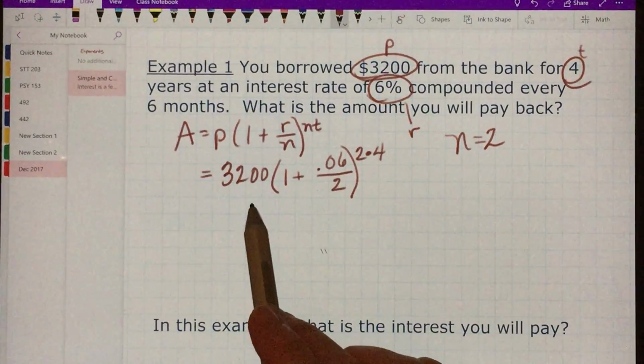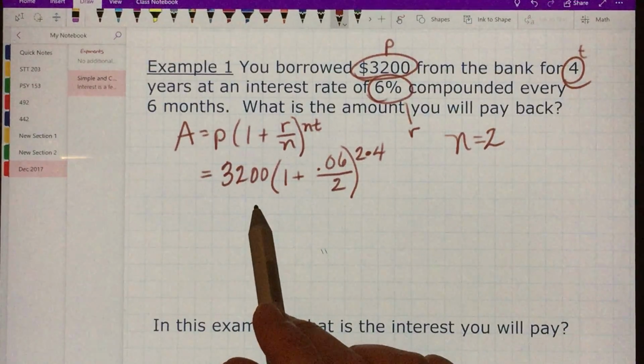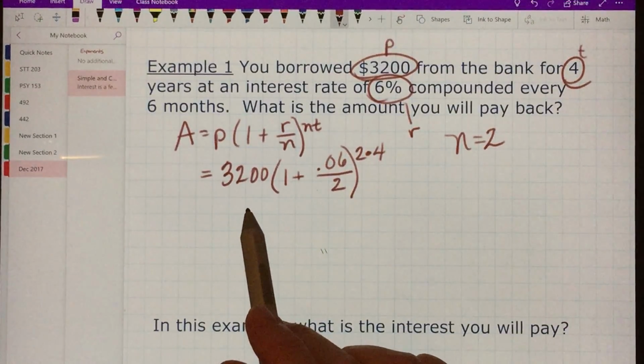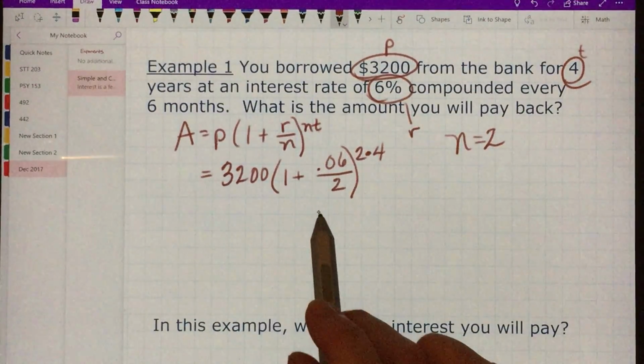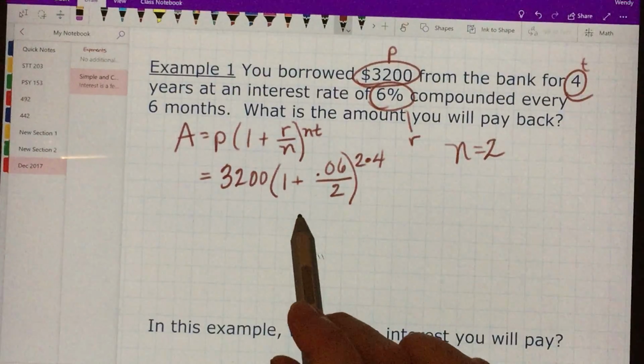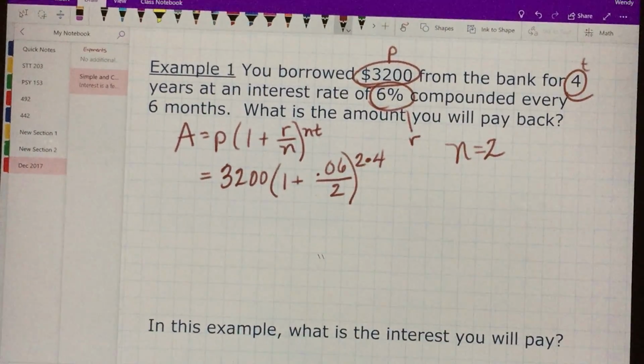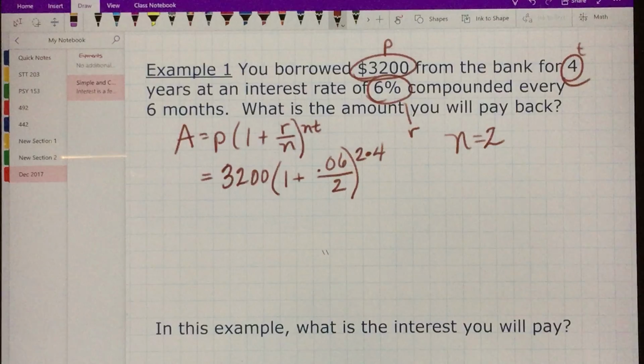It will give you the total amount that you'll be paying back on this money that you borrowed from the bank. And I want you all to work this out on your own, and then talk to me about it, and we'll make sure everybody's on the right page and getting the right answer.